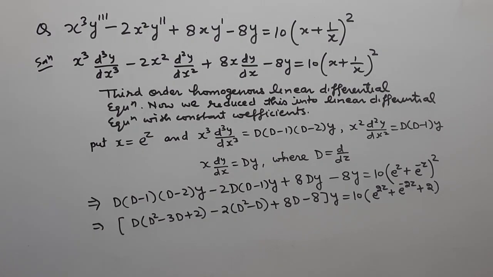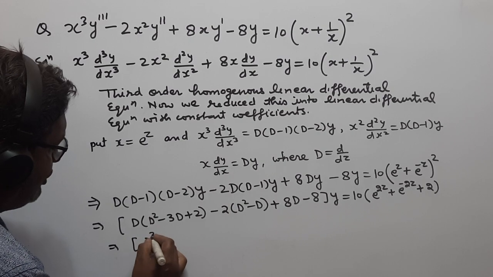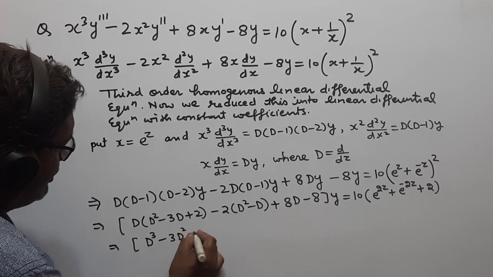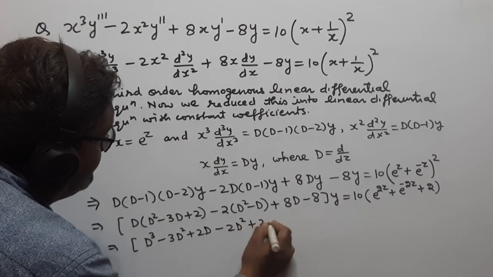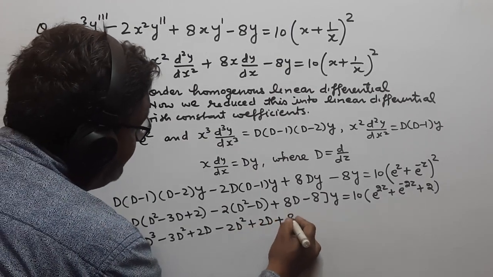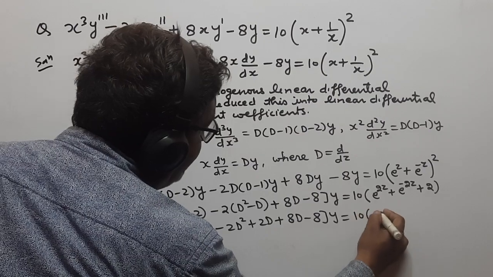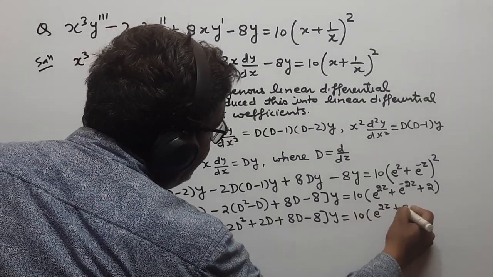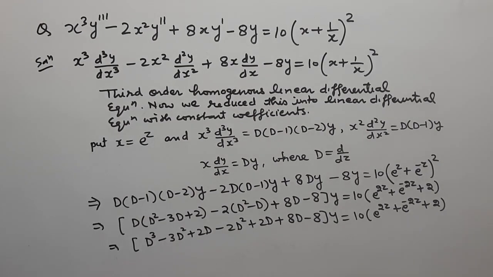Now you can see this can also be written as D cube minus 3D square plus 2D minus 2D square plus 2D plus 8D minus 8 times y is equal to 10 times (e to the power 2z plus e to the power minus 2z plus 2).